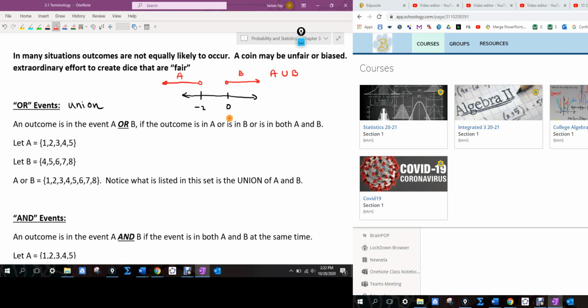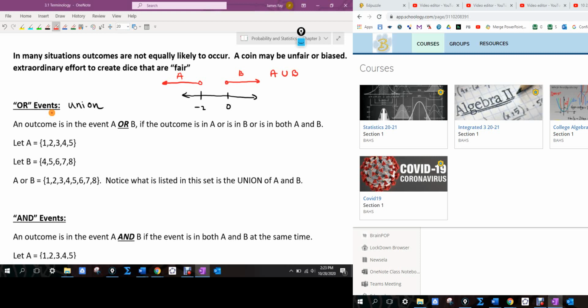A or B. It means my solution comes from A or it comes from B. So that's what's going on right here. Event A has these individual outcomes, 1, 2, 3, 4, and 5. Event B has the outcomes 4, 5, 6, 7, and 8. If I want to know the probability of A or B occurring, then I need to know what is A or B. It's everything from A along with everything from B. Does that make sense?